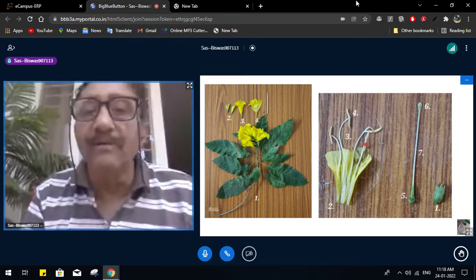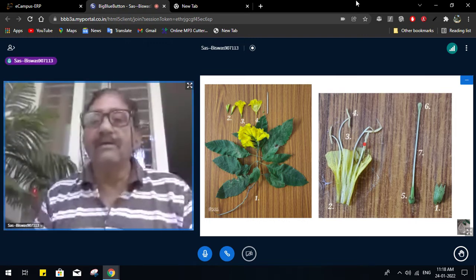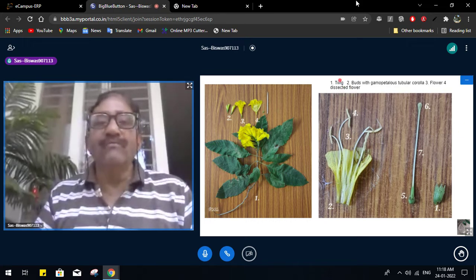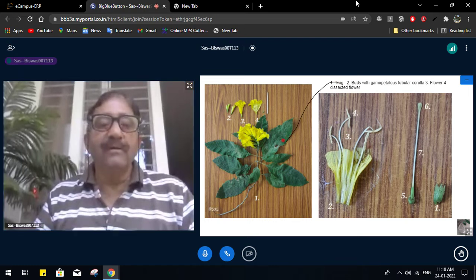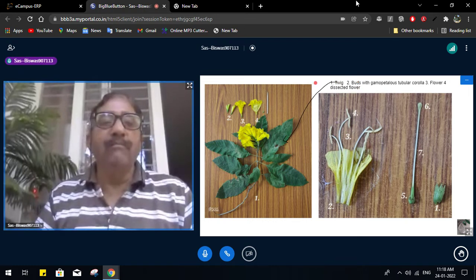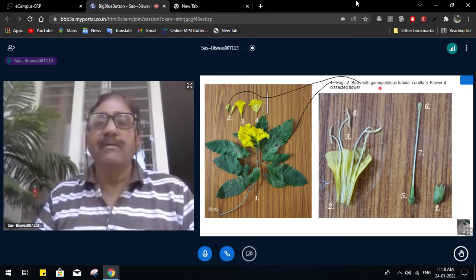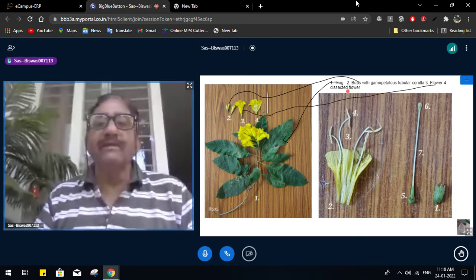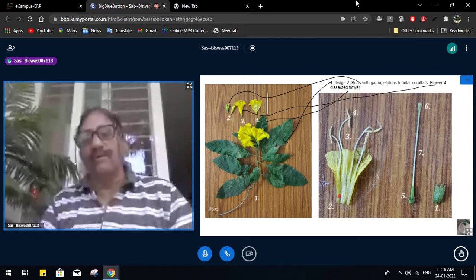So this is what you see in this case. You find the twig, and the buds, and then flower, and then you get the fourth one, the dissected one.